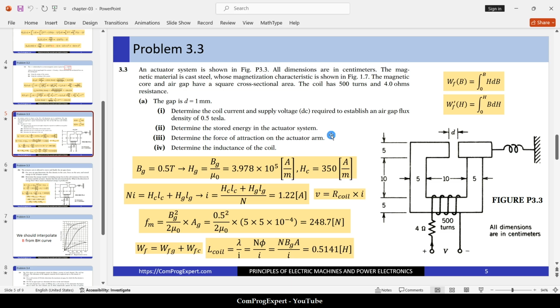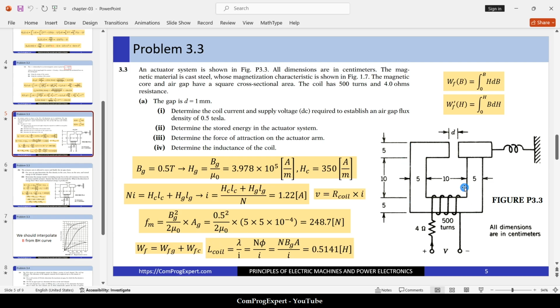We should use the previous equations. The stored energy in this magnetic structure is the summation of the stored energy in the air gap and the stored energy in the core.